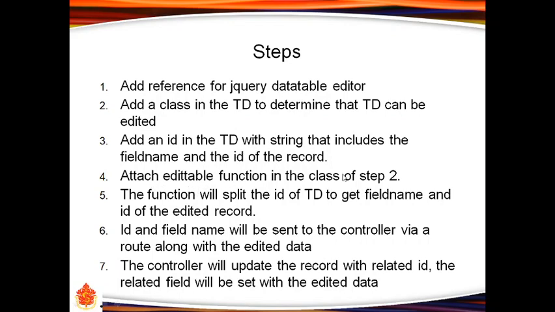Third, use the editable function on the class from step 2. Then the function will split the ID from step 3 to get the field name and the ID of the edited record. The ID and the field will be sent to the controller via route along with the edited data.